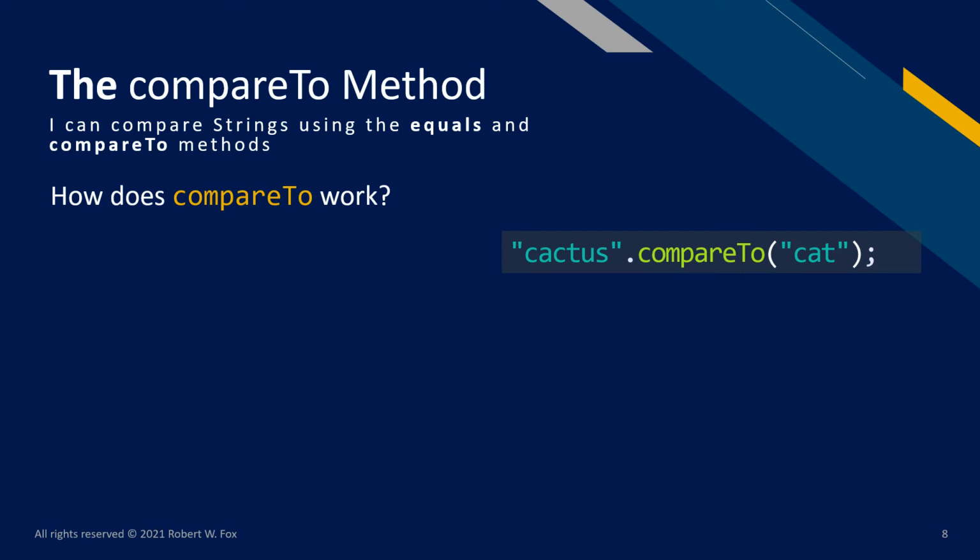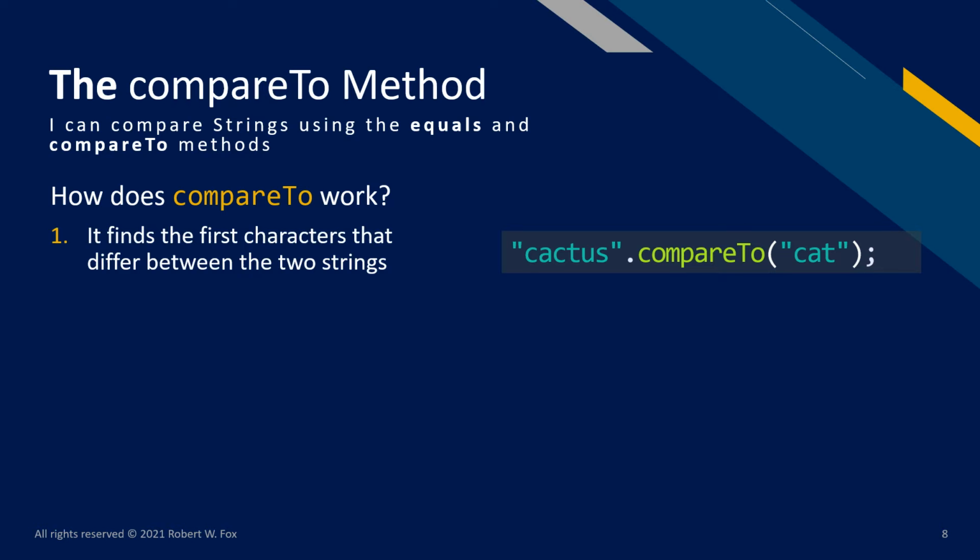We know that compareTo gives us a numerical result, either negative or positive or 0, but how does it work? Well, the first thing it does is it finds the first two characters that differ between the two strings. So in this case, we compare cactus to cat, and the first letter is C for both words. The second letter is A for both words. So we have to get to the third letter until we find a difference.